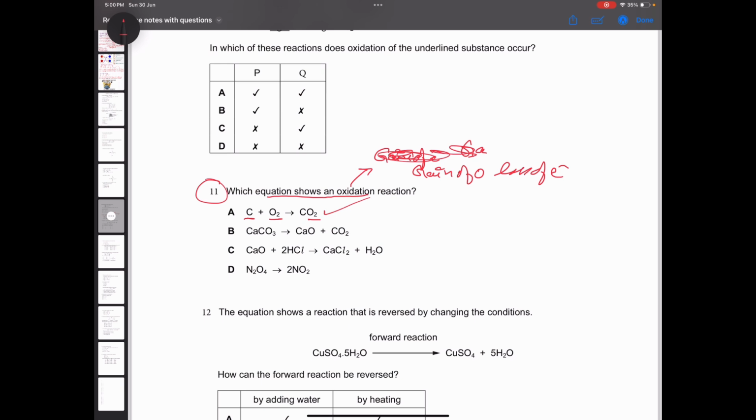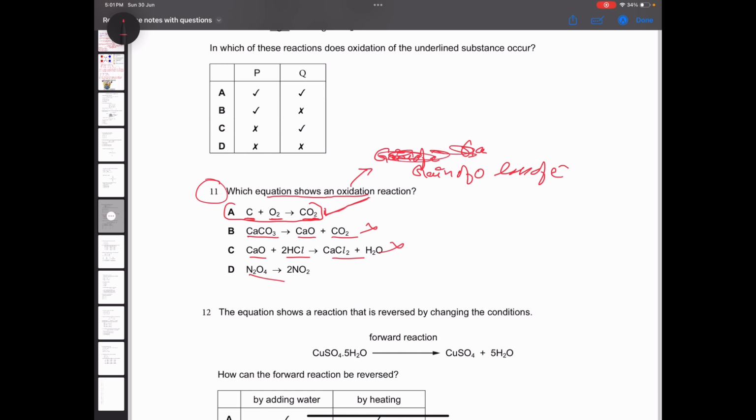Yes. So carbon is gaining oxygen and it forms CO2. That is correct. So this is gain of oxygen. Calcium, CaCO3, CaO, CO2. No. So the answer should be A.